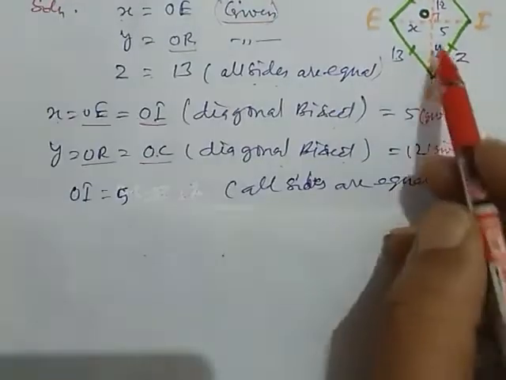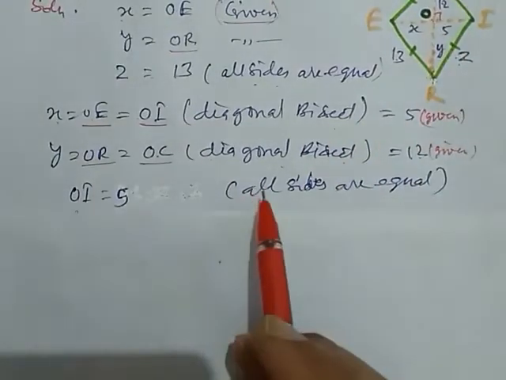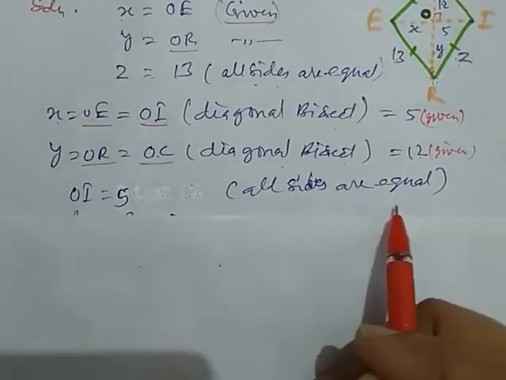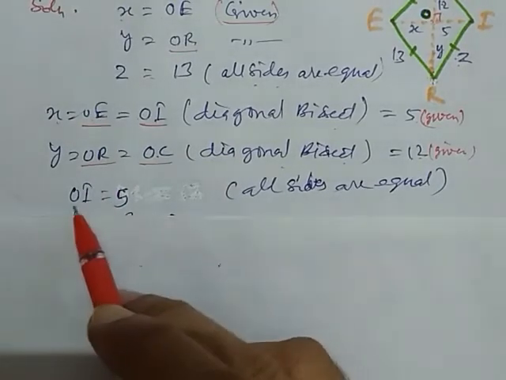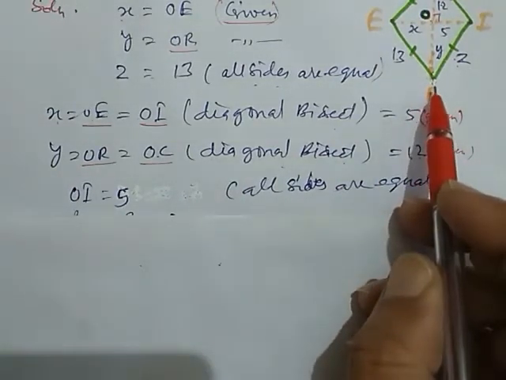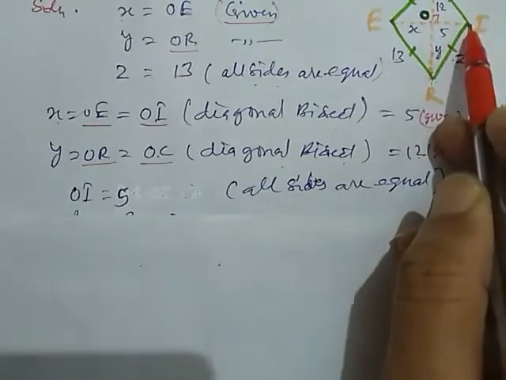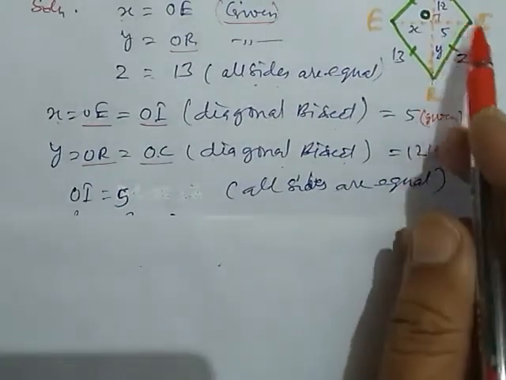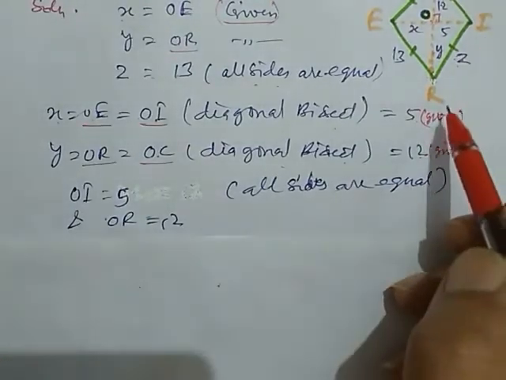Now OI is 5. All sides are equal. Here OI is 5, and we have to find OR.